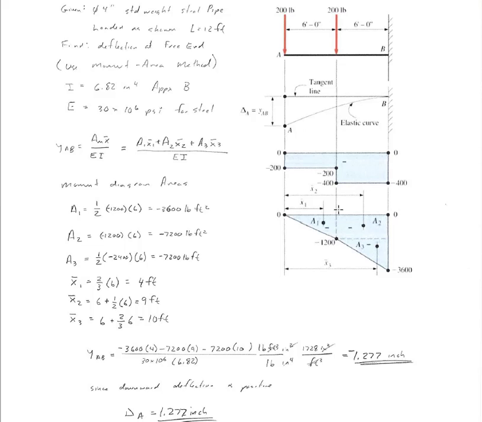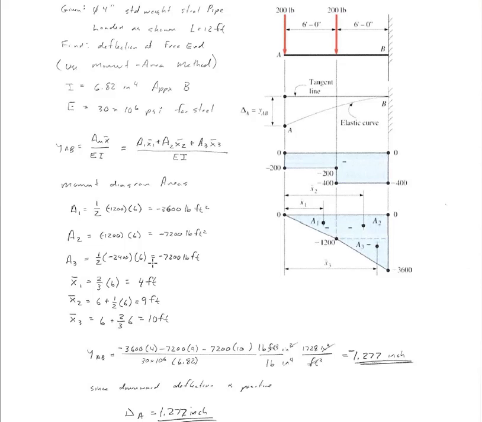So the length times the height divided by 2 is the area. Okay, so that's negative 3,600 pound-feet squared. Area 2 is a rectangular area here. It's 1,200 times 6, or negative 7,200. I'm saying it's negative because it's below this line.